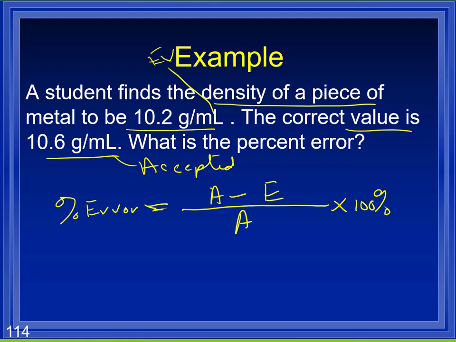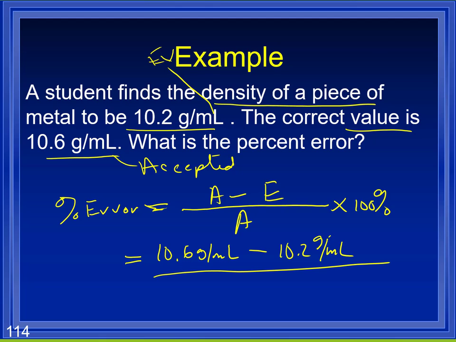Okay. So just putting the numbers in the right place. The accepted value we said was 10.6 grams per milliliter. The experimental was 10.2 grams per milliliter. And the accepted again was 10.6 grams per milliliter times 100% equals.